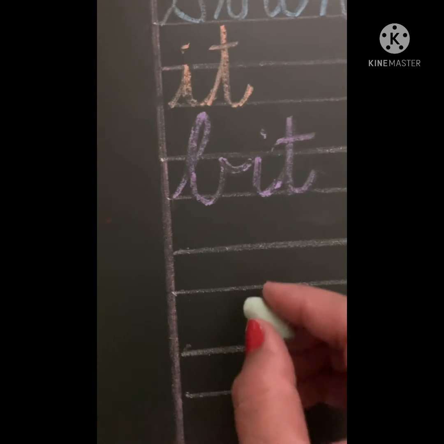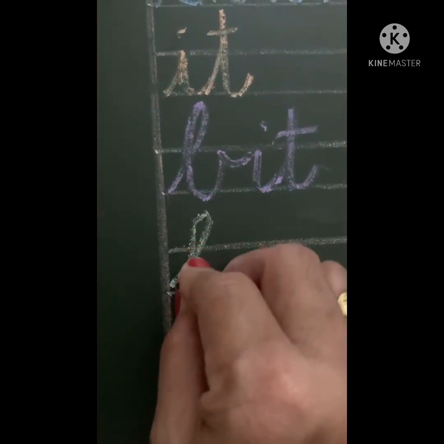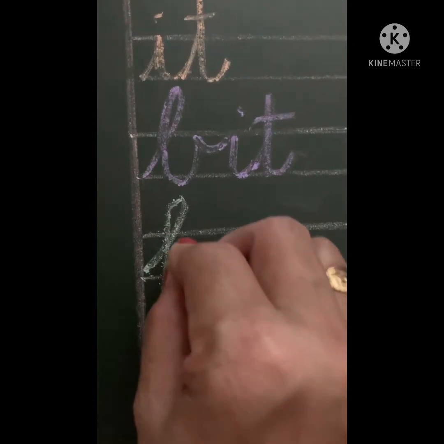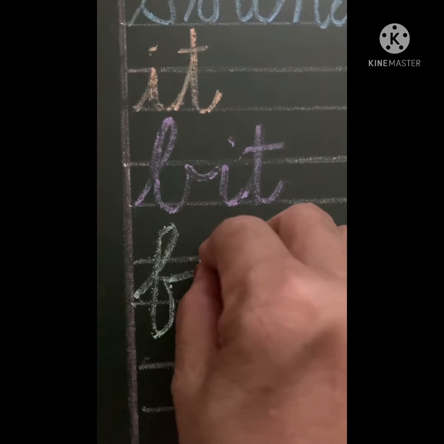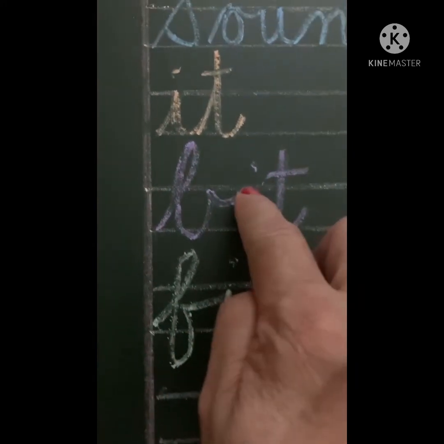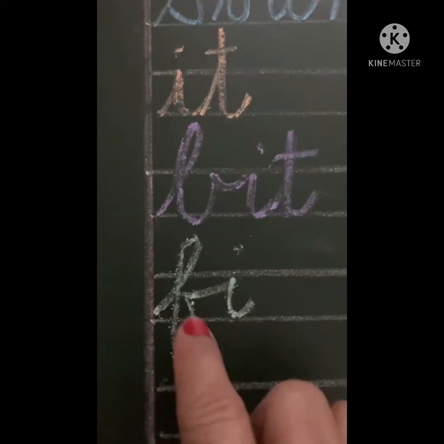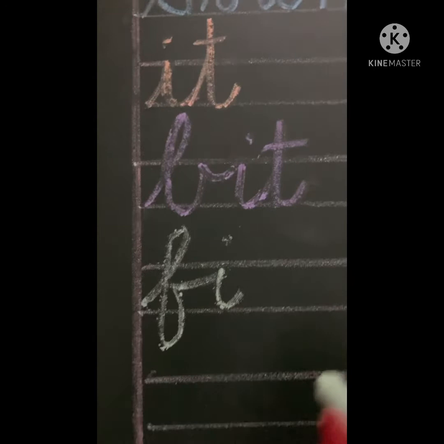The next word will be starting with the F sound. Extend the flick, make the pre-flick, and make F like this. This post flick will extend like this, and make I in the similar manner as we have done with B. Along with B and along with F again, we are supposed to make I like this.